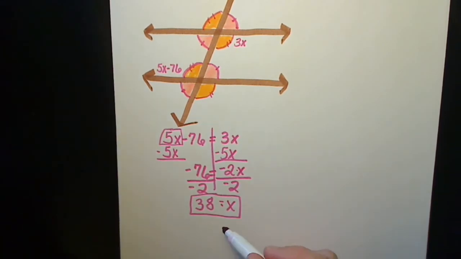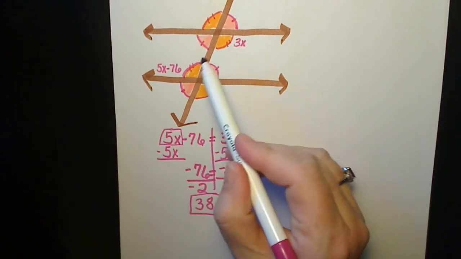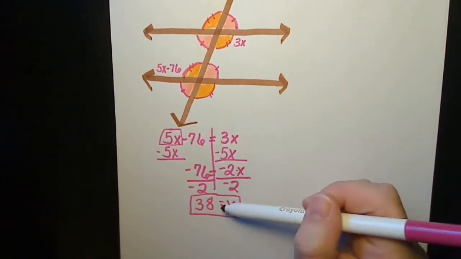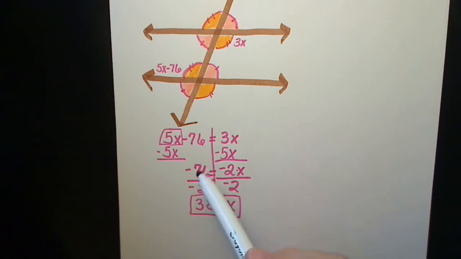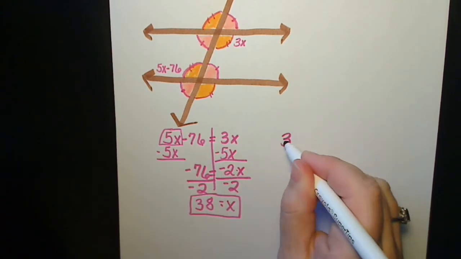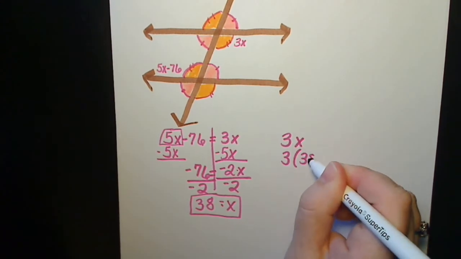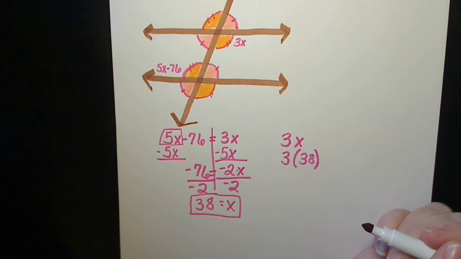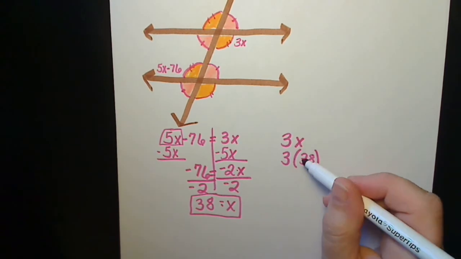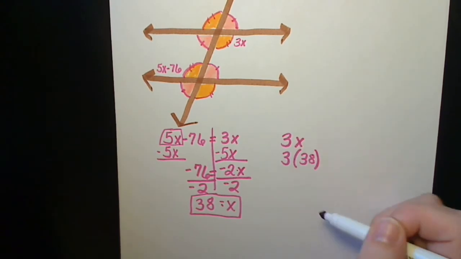Now if they asked me to find the measurement of these angles, first I'd want to solve for x. And then I would take one of these and I would substitute what I found x to be in place of x. And so I would do 38 times 3.